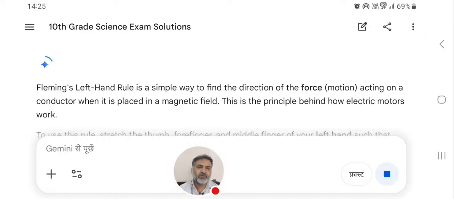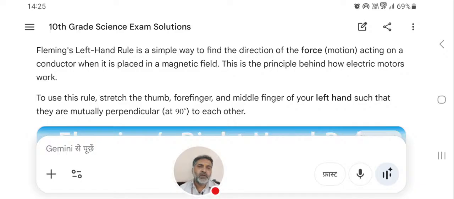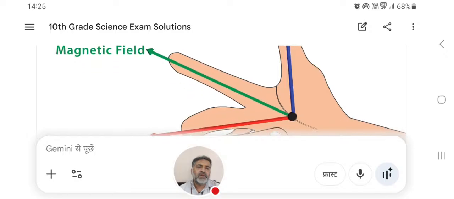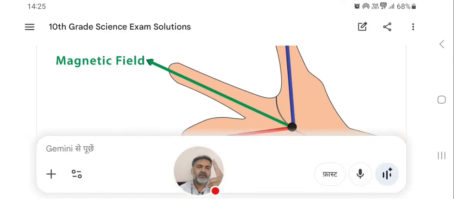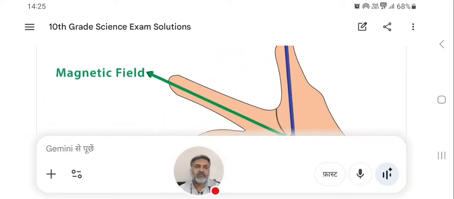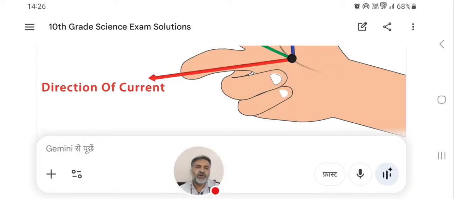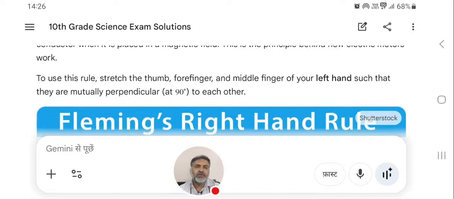Fleming's left hand rule is a simple way to find the direction of force or motion acting on a conductor when it is placed in a magnetic field. This is the principle behind how an electric motor works. That is Fleming's left hand rule. The forefinger is the magnetic field, then the thumb gives the direction of force, and the middle finger gives the direction of current. To use this rule, stretch the thumb, forefinger and middle finger of the left hand such that they are mutually perpendicular, at 90 degrees to each other.